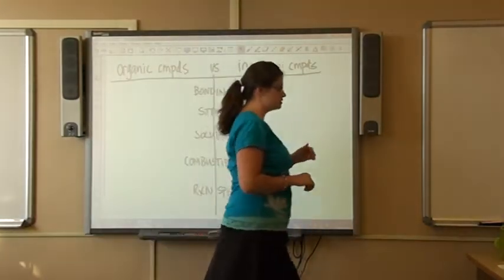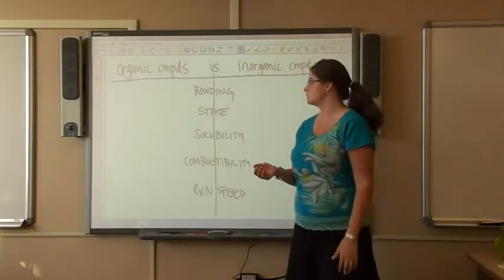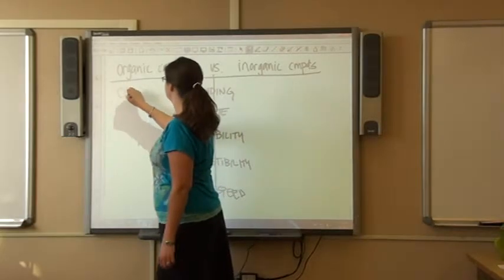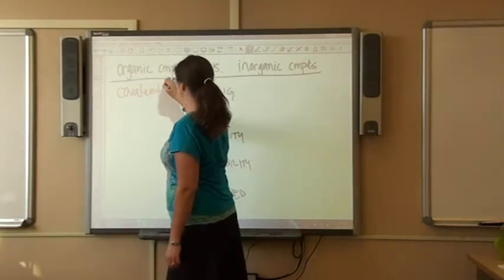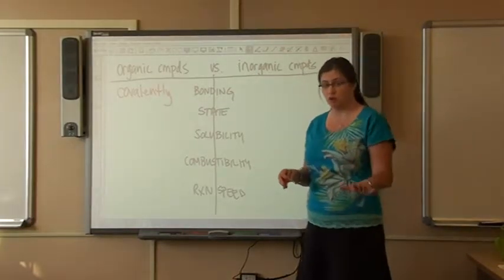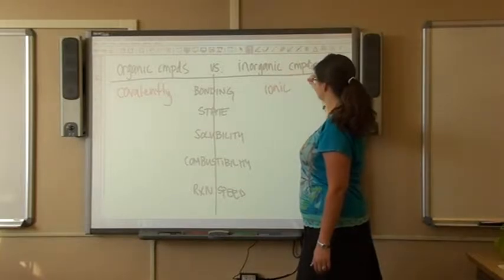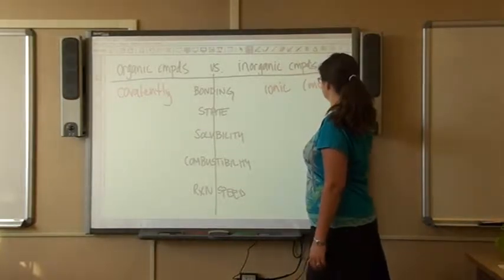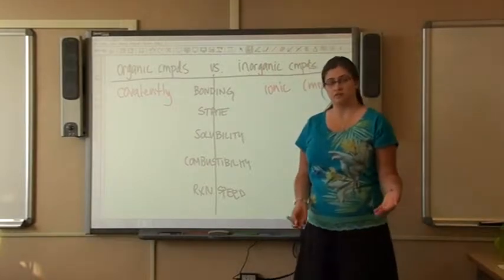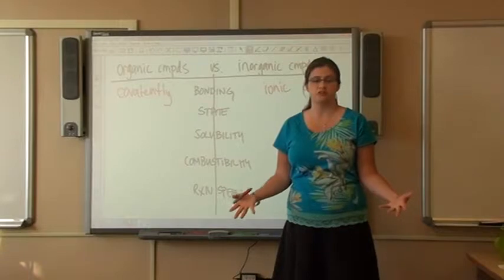Okay, so let's talk about the difference between organic and inorganic compounds in the chemical sense. All organic compounds bond covalently, whereas most inorganic compounds have ionic bonding. The physical state of organic compounds can span the entire range of the physical states.